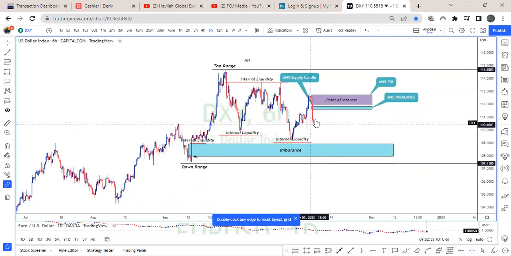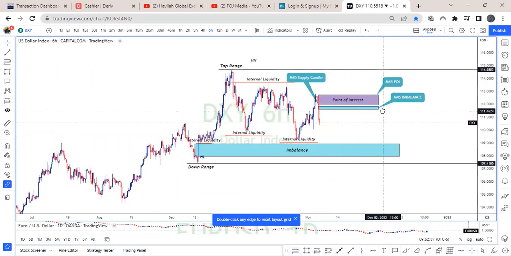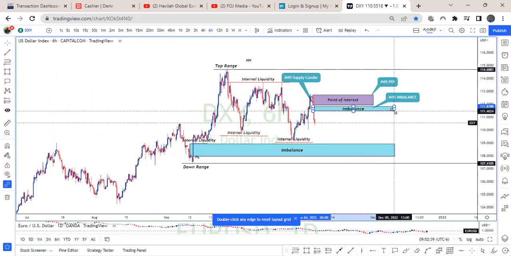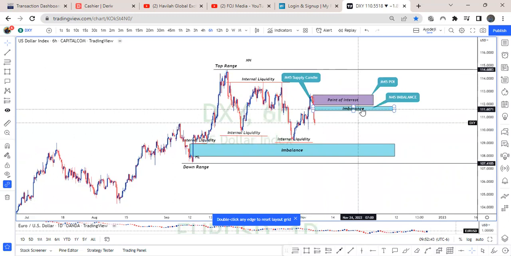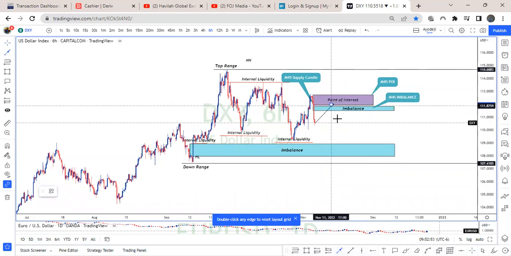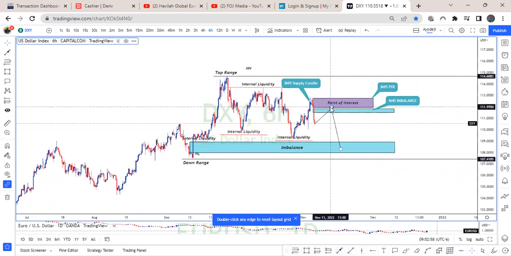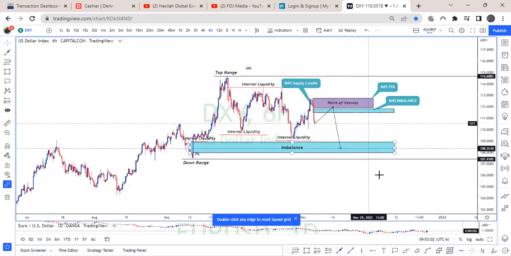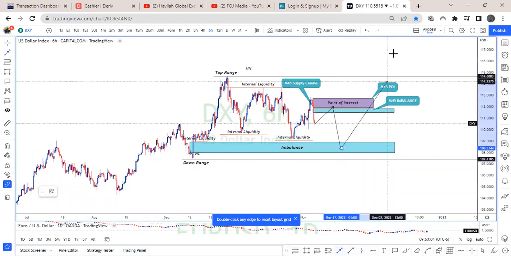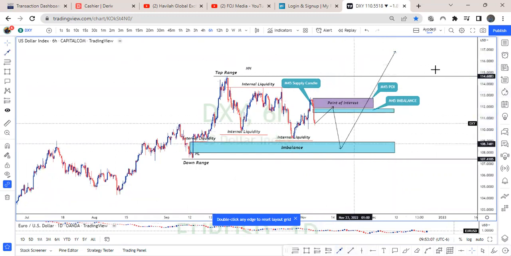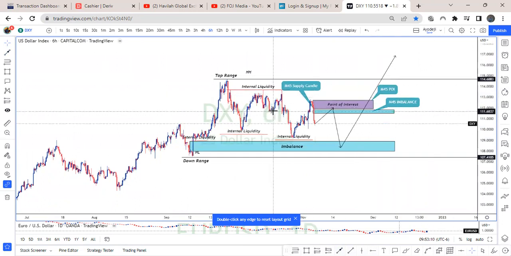So price is likely to come back into this imbalance or this point of interest, give us this move, let me just even annotate from here, to take out all this liquidity, and then give us that upward push. Give us the new swing high.